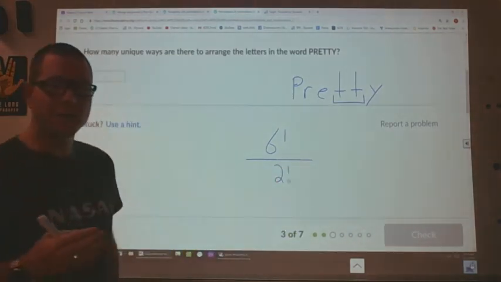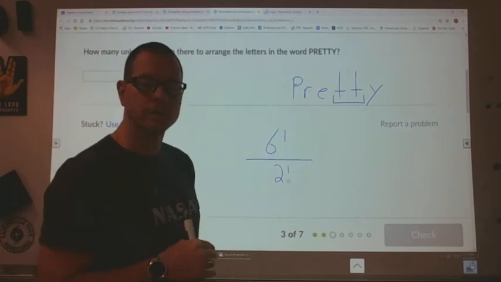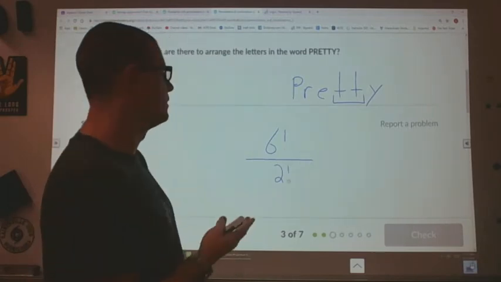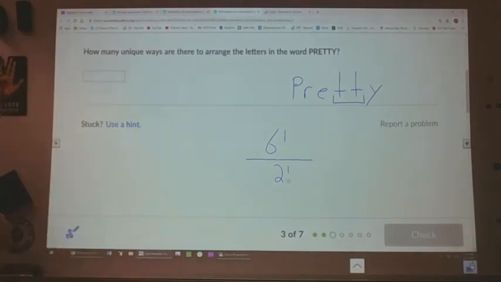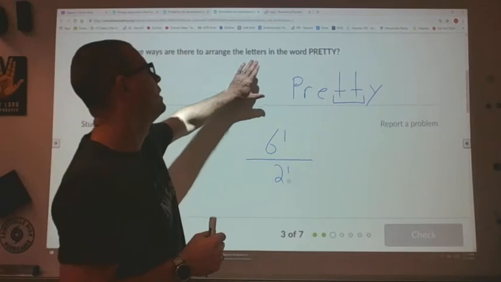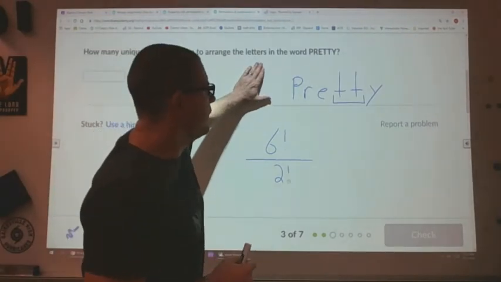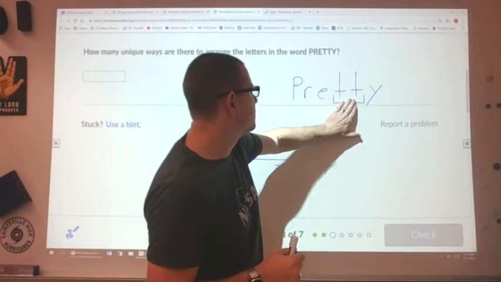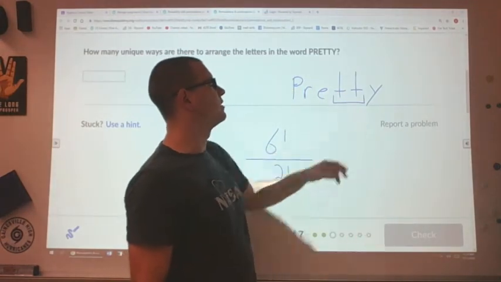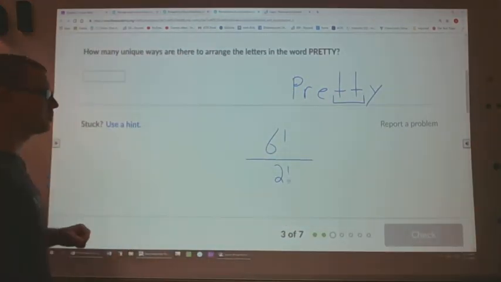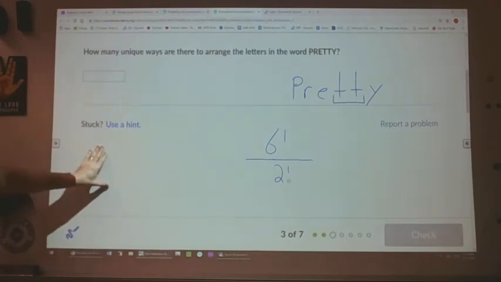Because it's not going to give me a unique ordering. It's just going to give me 6 factorial over 2 factorial. We could have done the same thing that we did with the reindeer as well, and just say, well, these are grouped, and then figure out how many different ways we could arrange that. But it's not together, it's just that if they switch places. So we definitely want this 6 factorial over 2 factorial.